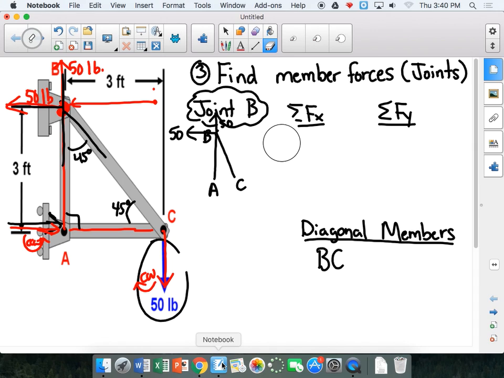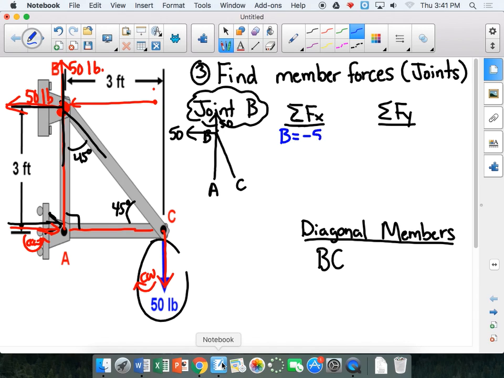So I've got this outside force at joint B that goes to the left 50 pounds, so I definitely have that one. The only other force that I have that goes left and right is the component force of BC. Remember, since BC is a diagonal line, it has an x component and a y component. So I'm going to go ahead and write the y component down. So we don't know either one of those.